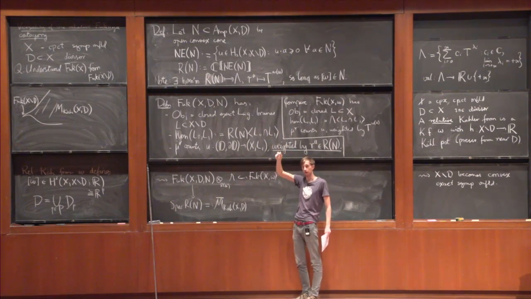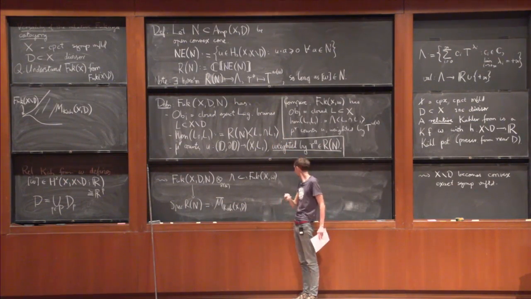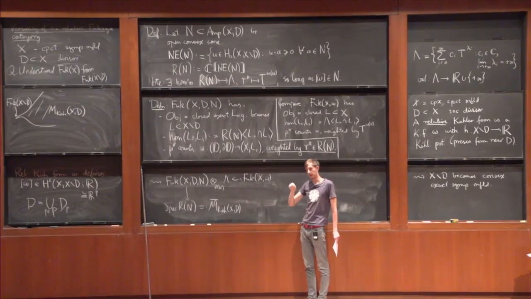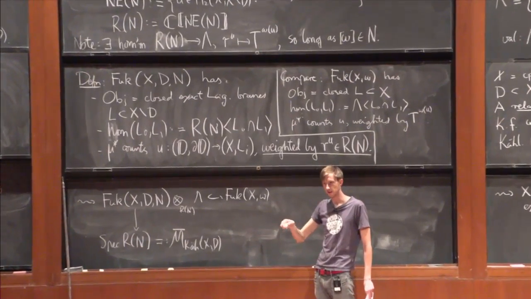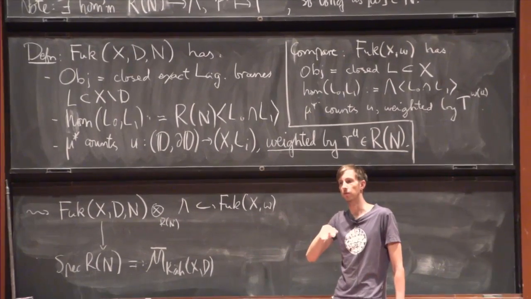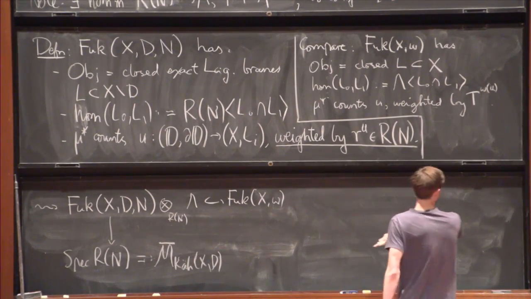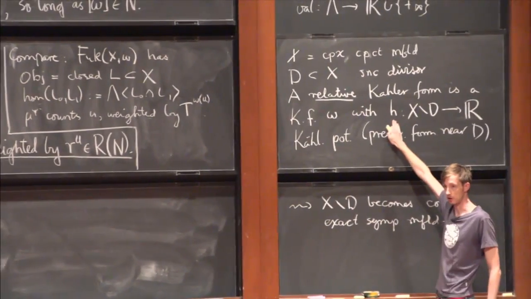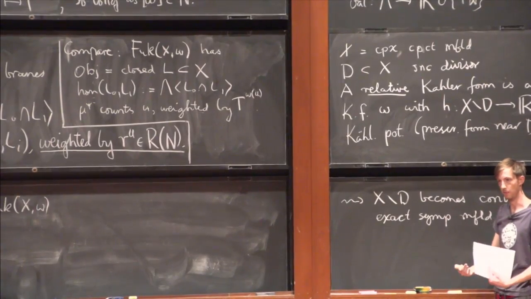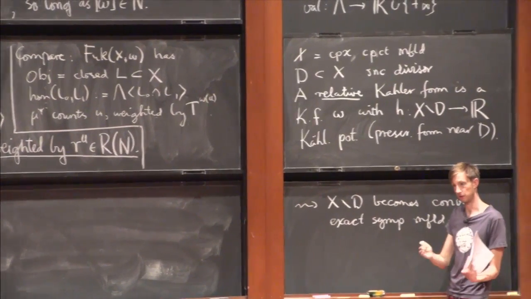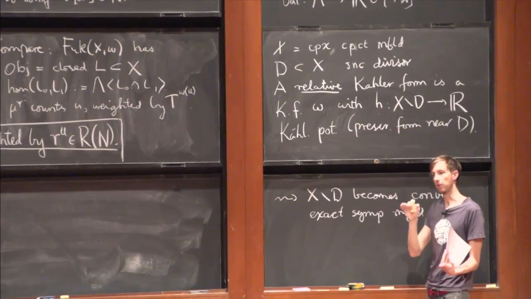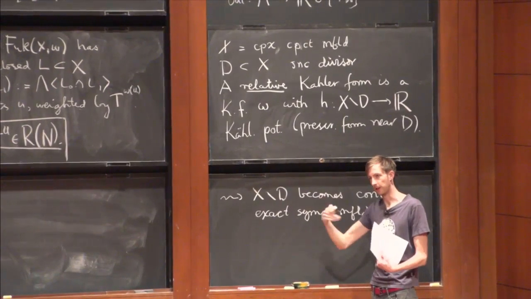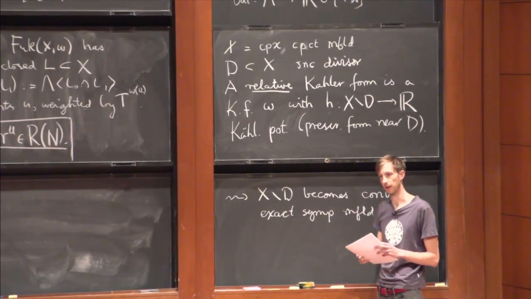Yes, we're using the fact that omega is... Down there, where you define down there. Yes, what I defined up there, I should really have said you take the symplectic area of the disk minus the chosen primitive for the Kähler form. So we have a choice of Kähler potential, which gives a Liouville form for our Kähler form when restricted to X minus D. And we subtract the evaluation of that primitive on the boundary of U to get a well-defined thing.